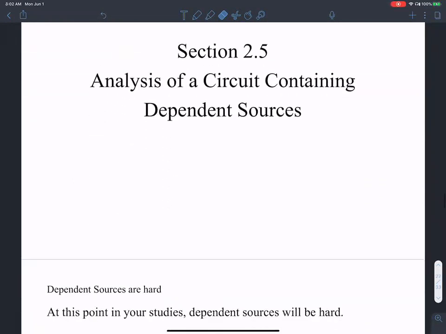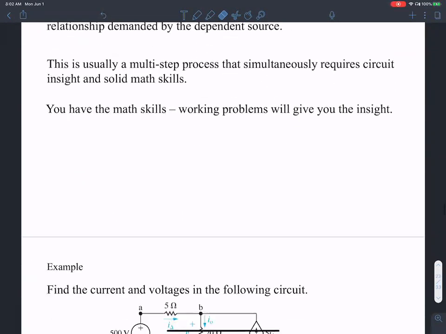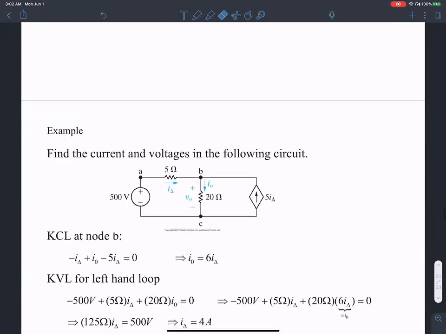Then we went on to talk about dependent current sources and dependent voltage sources. For example, the current in this branch, that dependent current source, is really a function of how much current is flowing between these terminals through that resistance here.